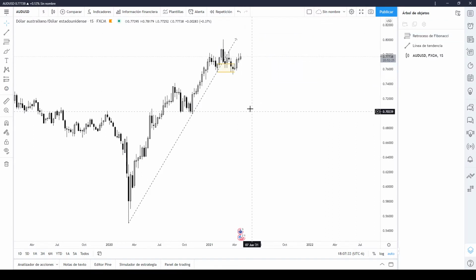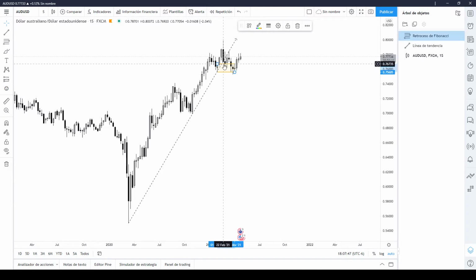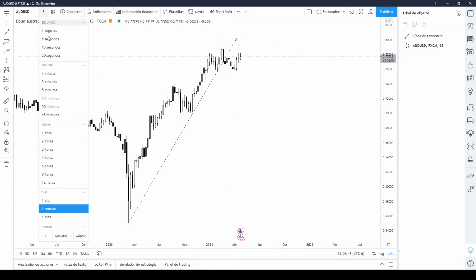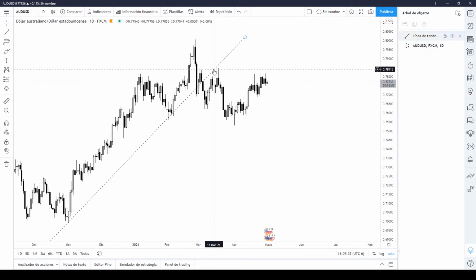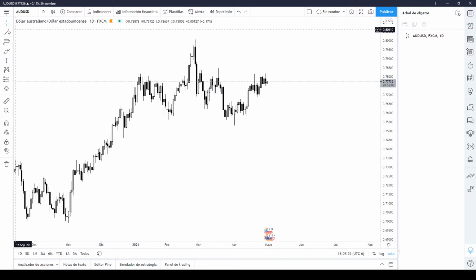So this is telling me that there are no more buyers. Now the sellers are stepping in. Since I have this demand zone being taken out, I know I'm in a bearish market right now using the weekly time frame. But if I go to the daily, see what's happening.